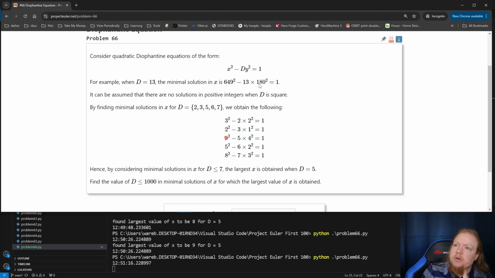Maybe we should look for a y instead of an x, because the y is always smaller.